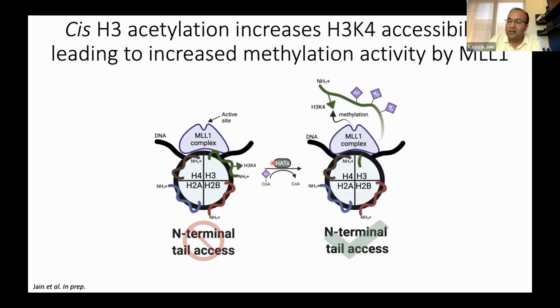However, when those tails are acetylated, you get expansion or release of the H3 tail. And now there is a lot more available substrate so that the MLL1 complex can methylate H3K4 in a more robust manner. And you get an increase in H3K4 methylation overall.